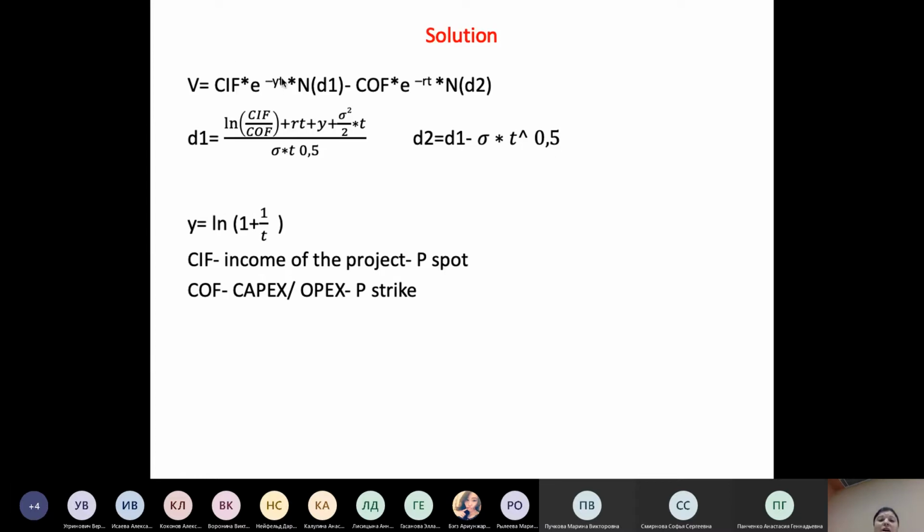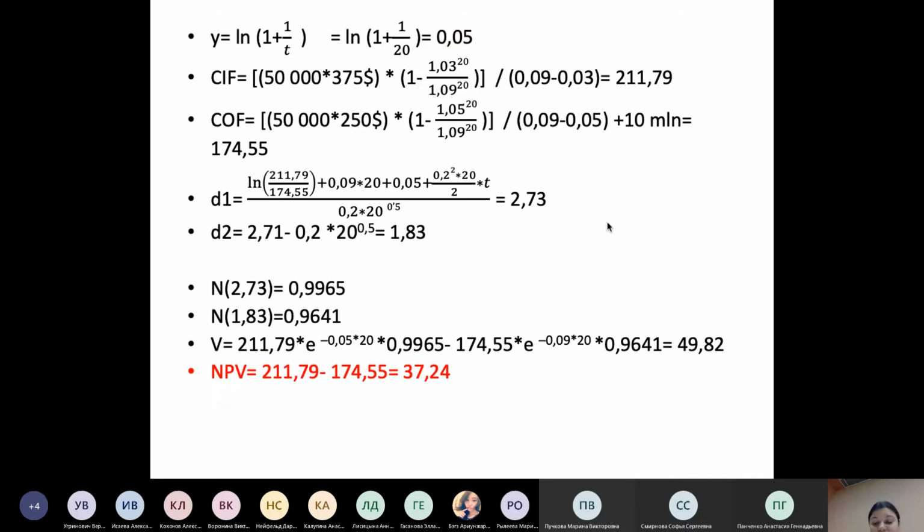Let's start the solution. We analyzed earlier the model of our real option valuation, and now let's transform this model to figures.